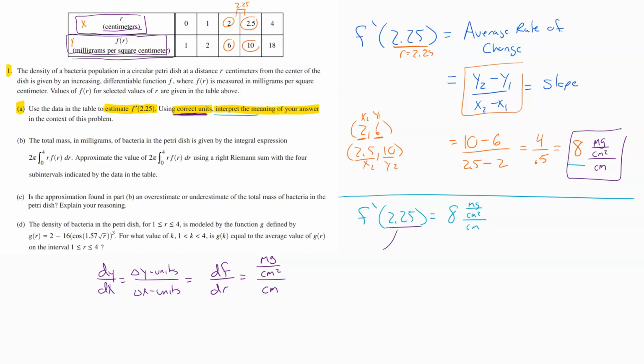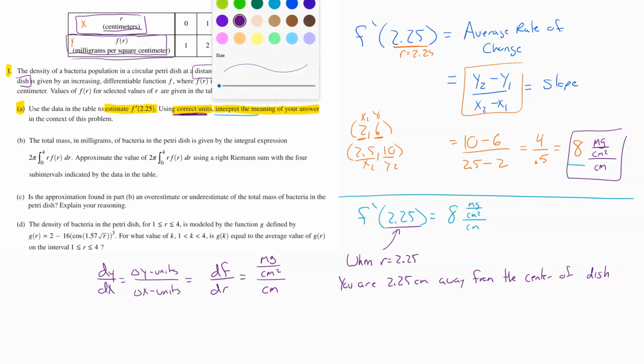What it's saying is when r is 2.25, so go back up and ask, what does r mean? r is the distance r in centimeters from the center of the dish. So you'd say when you are 2.25 centimeters away from the center of the dish. So you're describing basically your x units to start with.